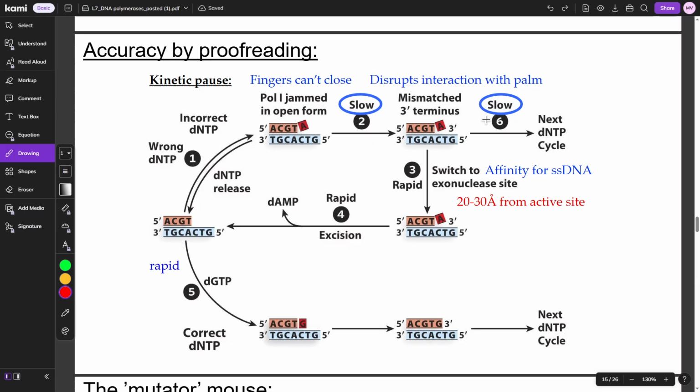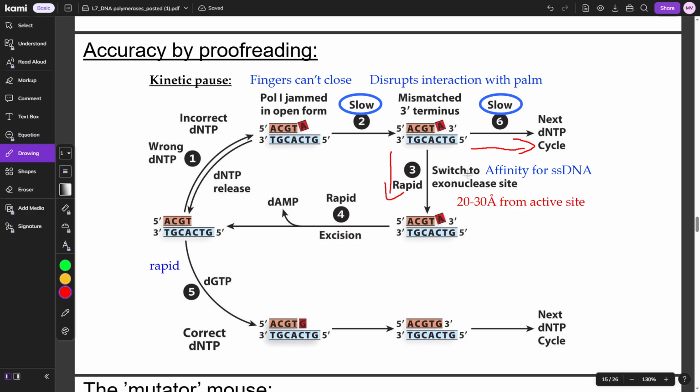So it's kinetically controlled, if you want to think about it. When it's jammed in the open form, it's slowly going to push down and try to attach that A to the C. That isn't going to work, and the two options you have now are: we've tried to match the A to the C, and we can either move on to the next cycle, or we can switch out and remove it.